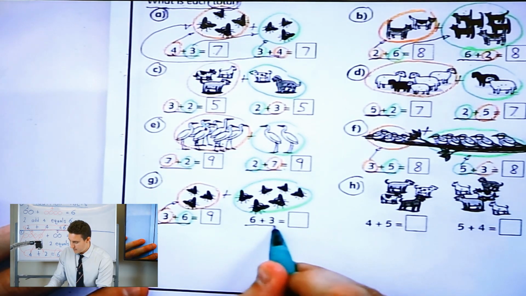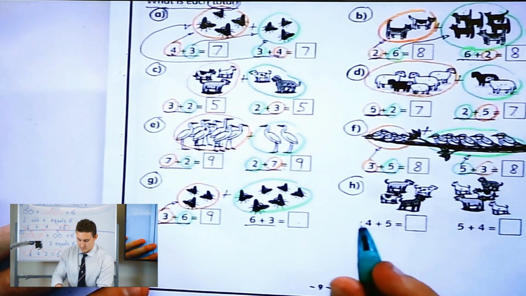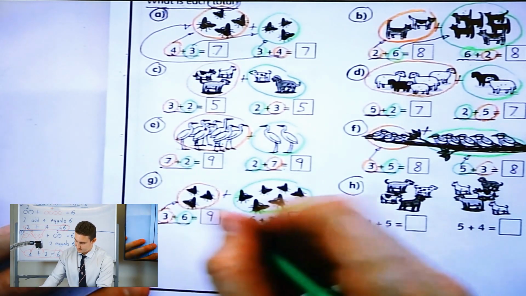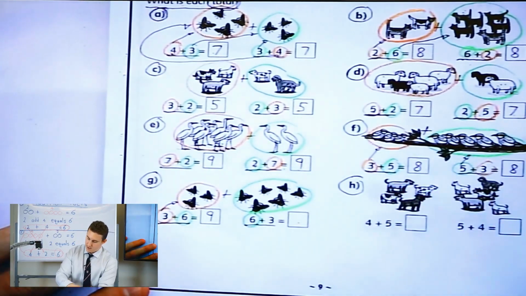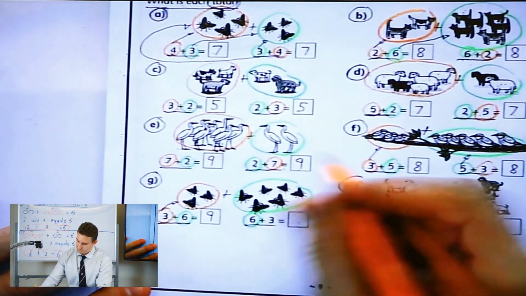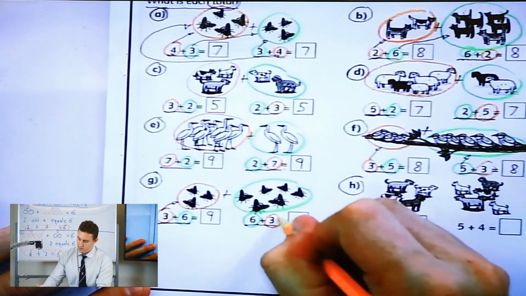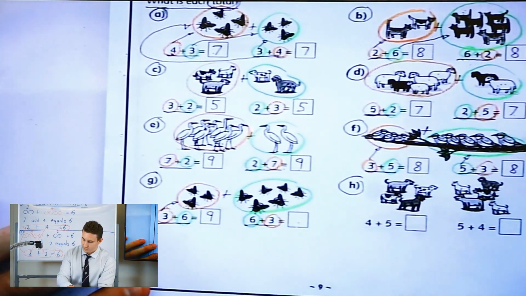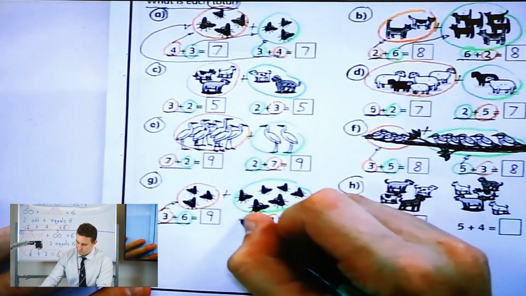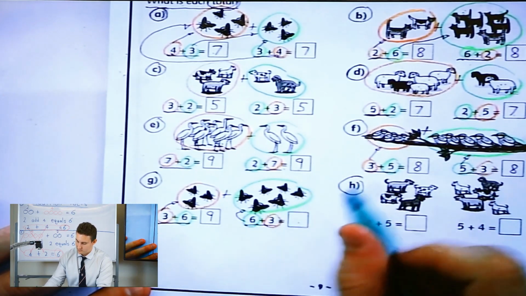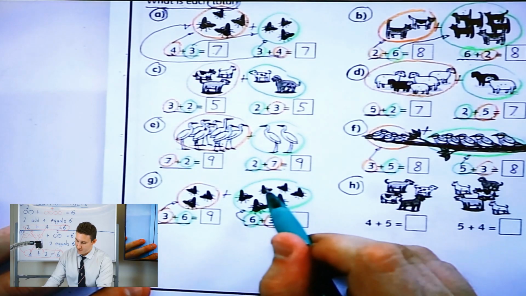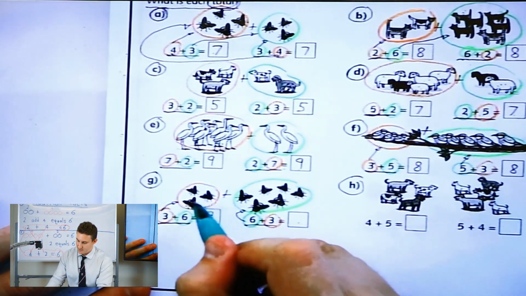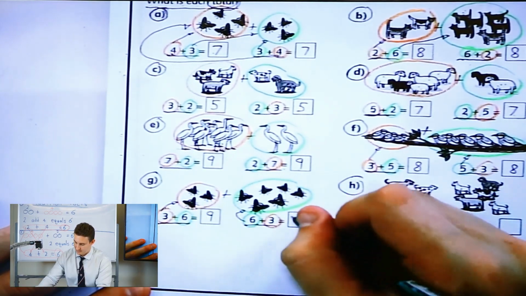Let's move on to the next sum. 6 plus 3 equals. So we know that the 6 is in green. 6 here. And the 3 are in orange there. And we're going to start with the 6 first. Okay, so let's count. 1, 2, 3, 4, 5, 6, 7, 8, 9.